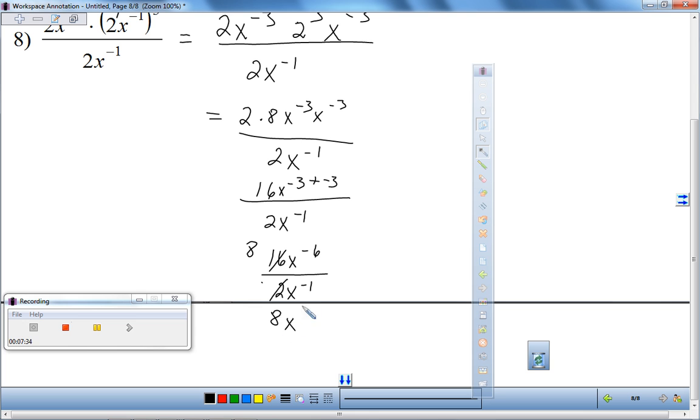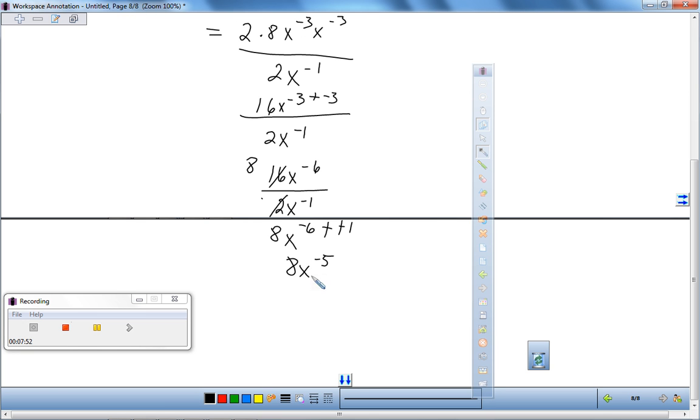So we end up with 8. And then since we're dividing with exponents, we're going to subtract. So it'll be negative 6 minus negative 1. So the double negatives, so it's going to end up being plus. We end up with 8x to the negative 6 plus 1. So we end up subtracting. So we get 8x to the negative 5th. Okay, and to get rid of the negative exponent, we write it underneath, so we end up with 8x to the 5th.